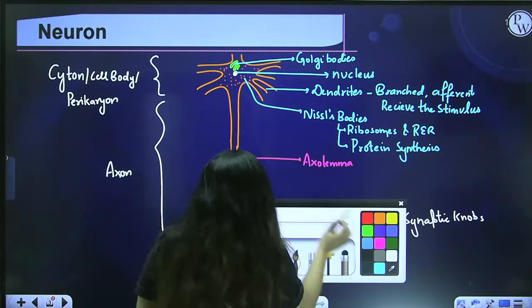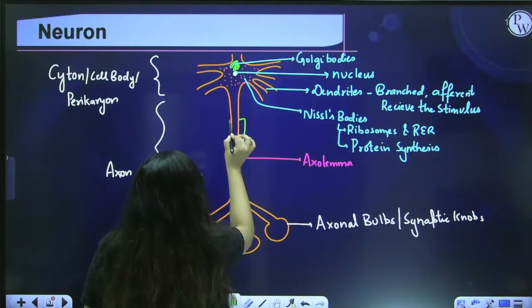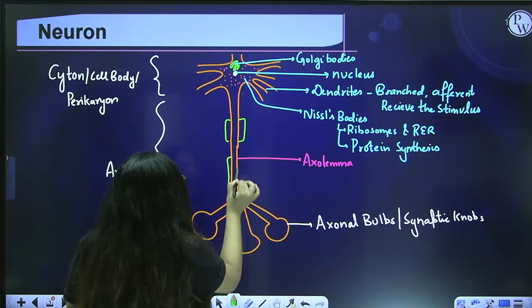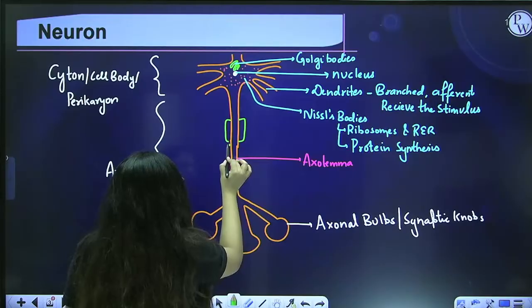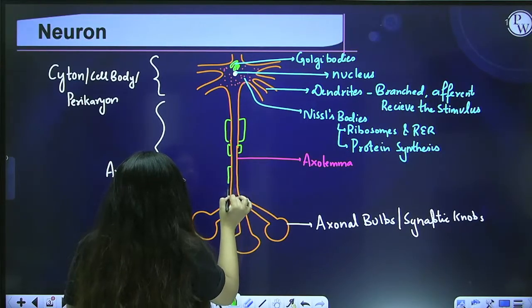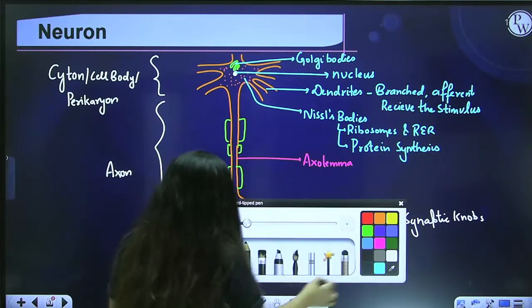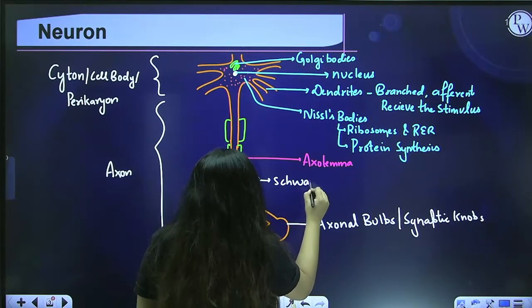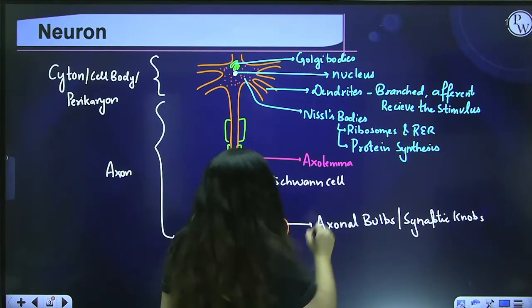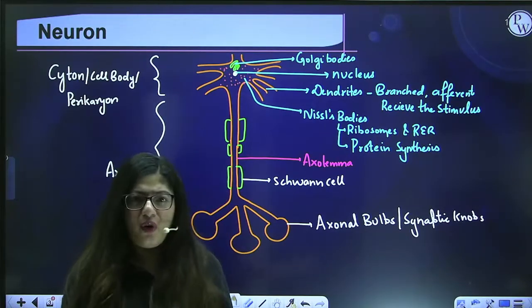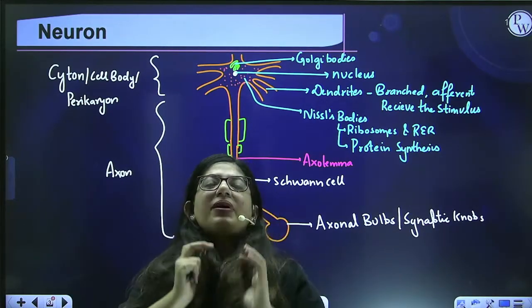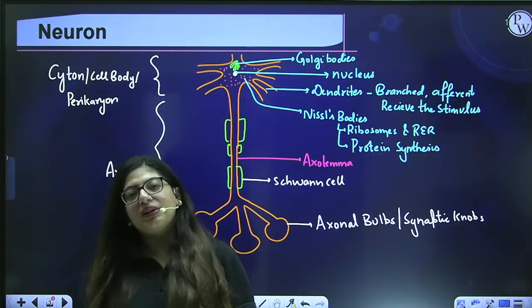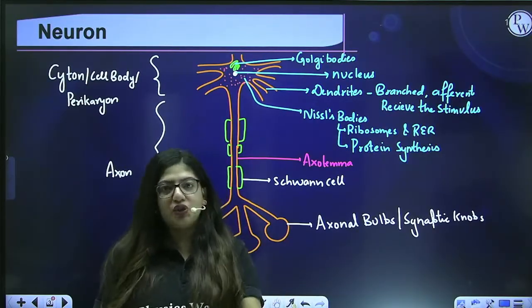This cell can be wrapped by some other cell, and the name of that cell is Schwann cell. So your axon can be wrapped, not always, it can be or cannot be, by certain cells called Schwann cells.